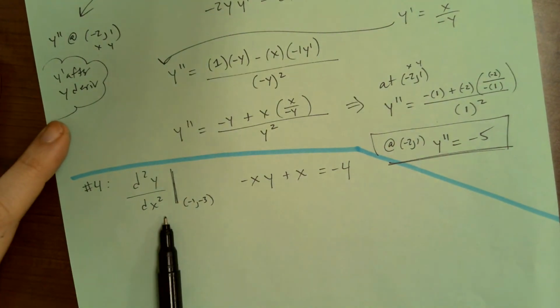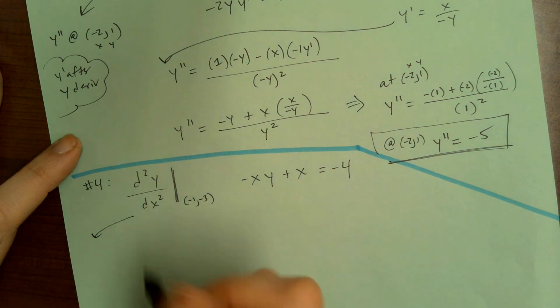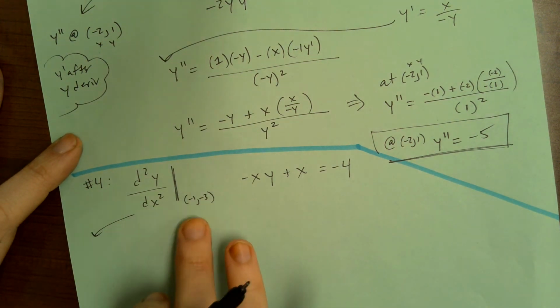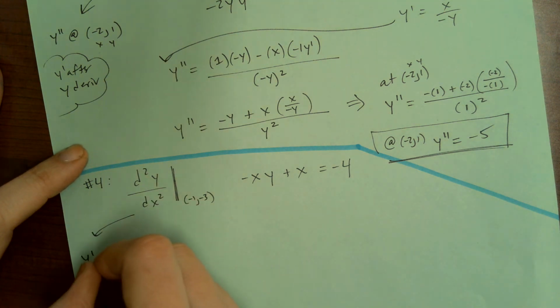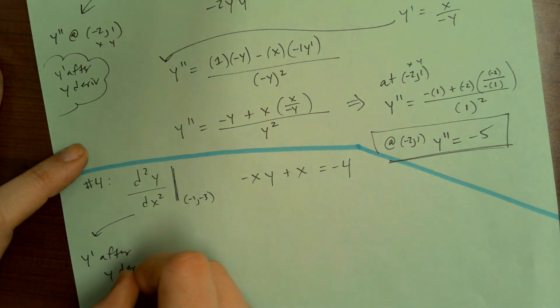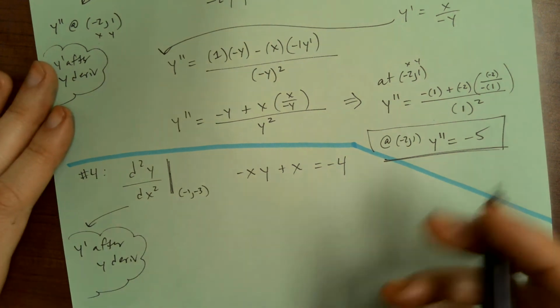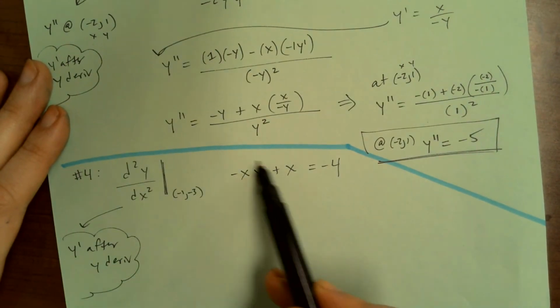So now let's do this one. They're asking for this, which means they want y double prime at negative 1, negative 3. And the Leibniz notation is telling us that we need to do that. I'm going to need product rule here.